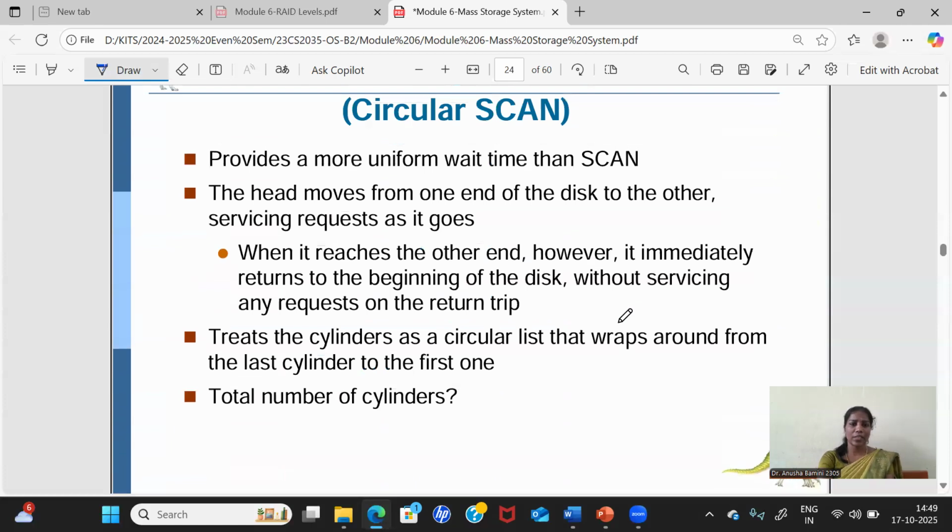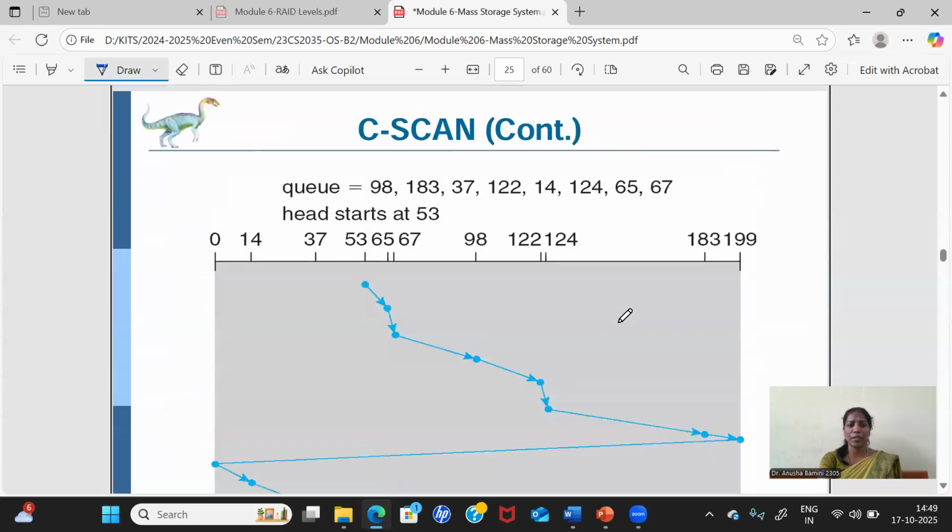In the C-scan scheduling algorithm, it is immediately moving from the requested head, this 53, to the end. End is 199. As it goes from 53 to 199, in between points it is traversing: 53 to 65, then 67, 98, 122, 124. After that, 183 till 199.